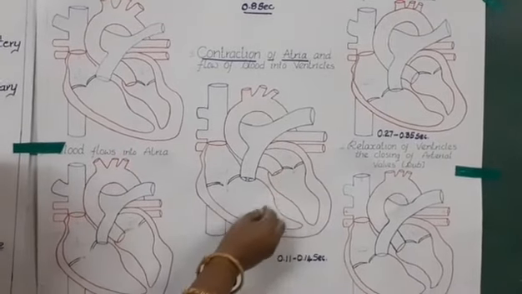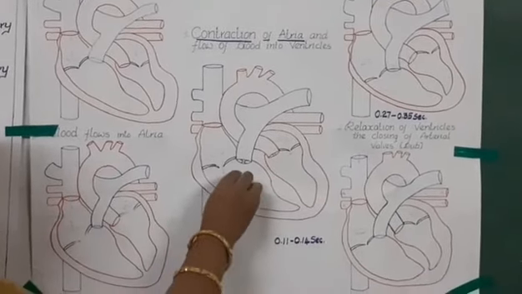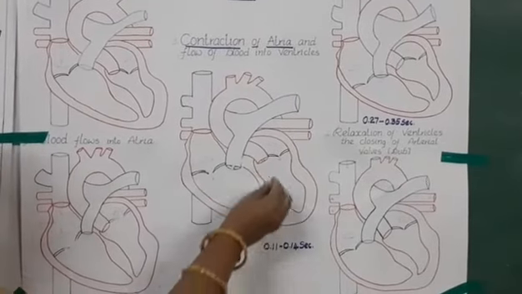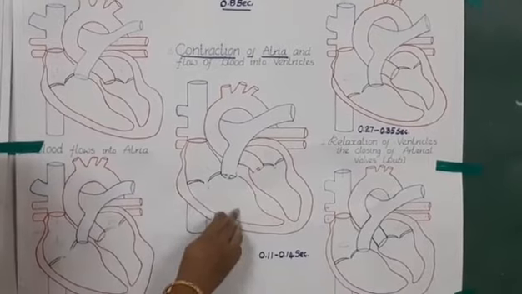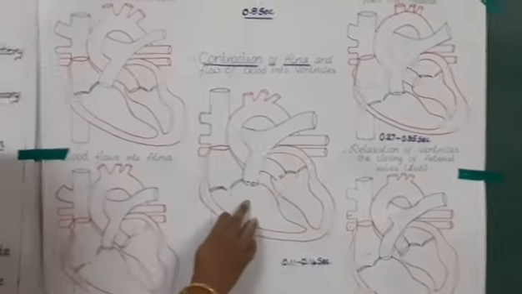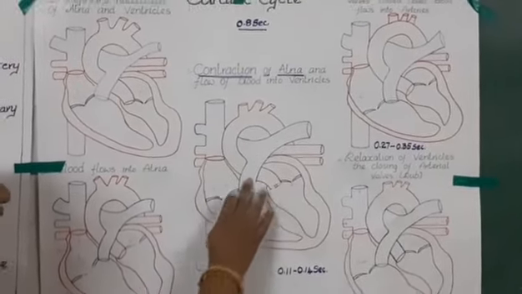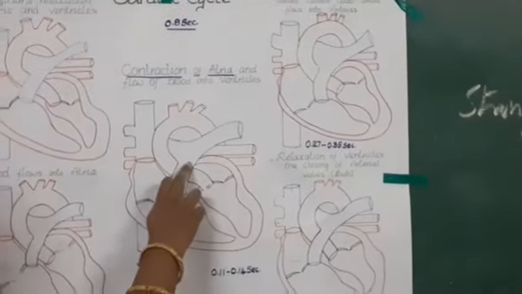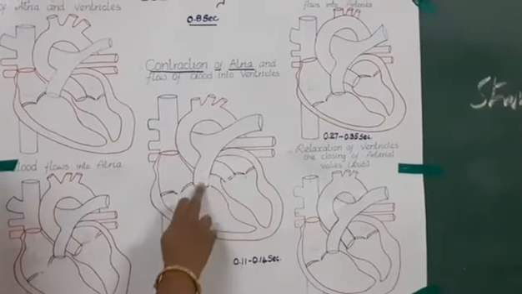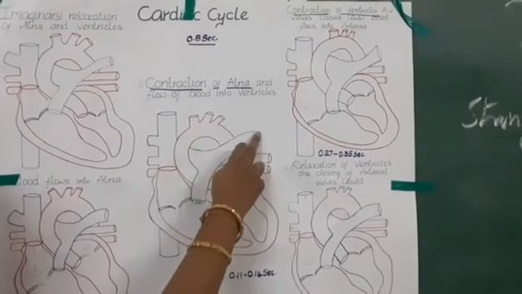Then the ventricles send the blood to the pulmonary artery and systemic artery. From the right ventricle, through the pulmonary valve, the blood goes to the pulmonary artery, which takes the blood to the lungs.